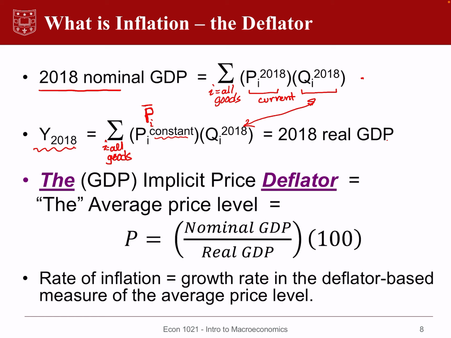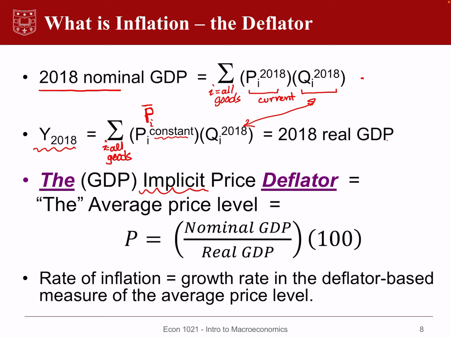And so with that, what we can do is implicitly define, so the full mouthful of what we're about to talk about is the gross domestic product implicit price deflator. So we are implicitly defining an average price level by comparing nominal GDP and real GDP.